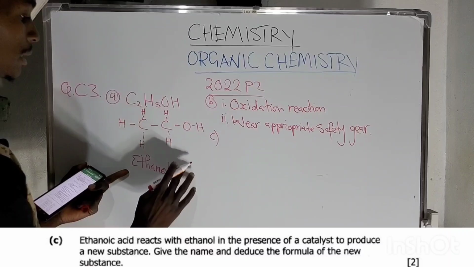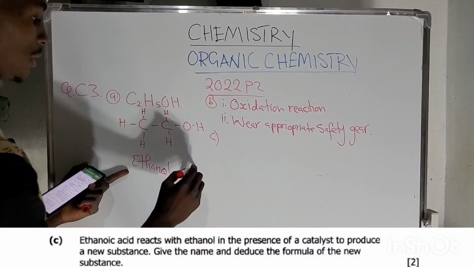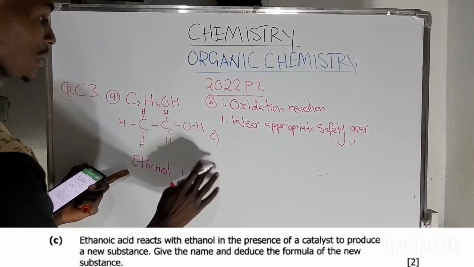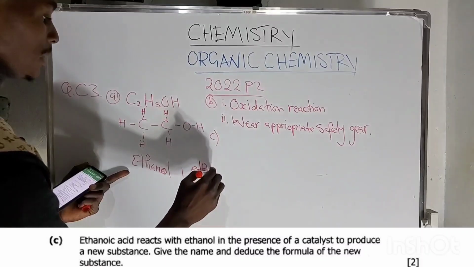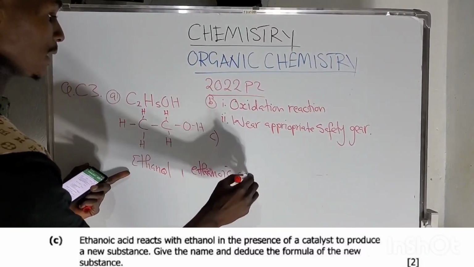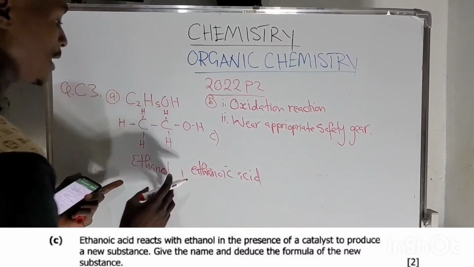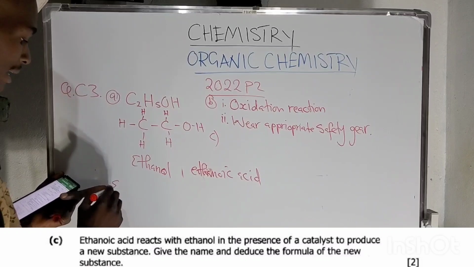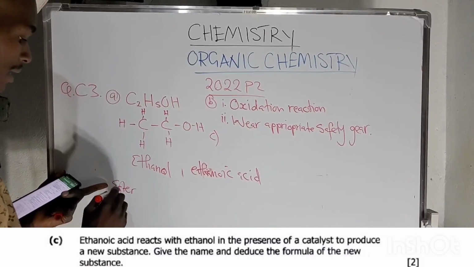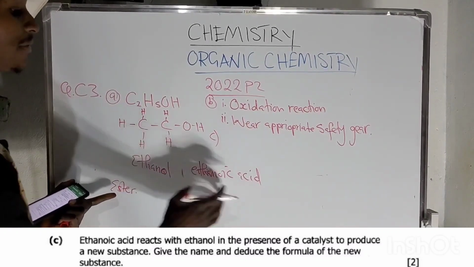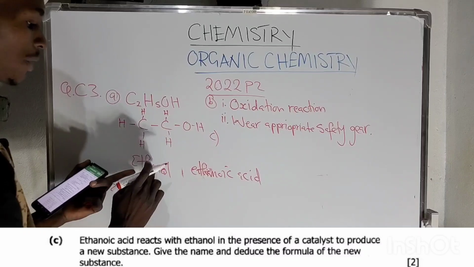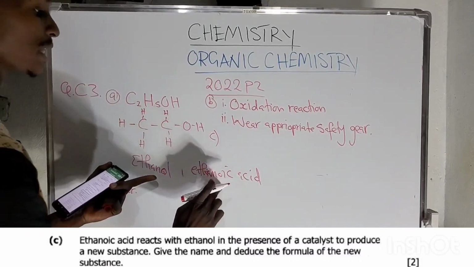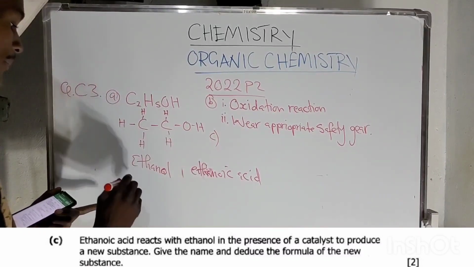Since you have ethanol and ethanoic acid, the product is an ester. When an alcohol reacts with a carboxylic acid, this is called esterification.